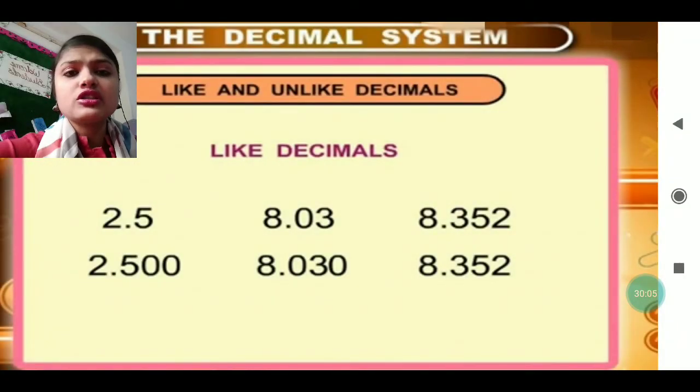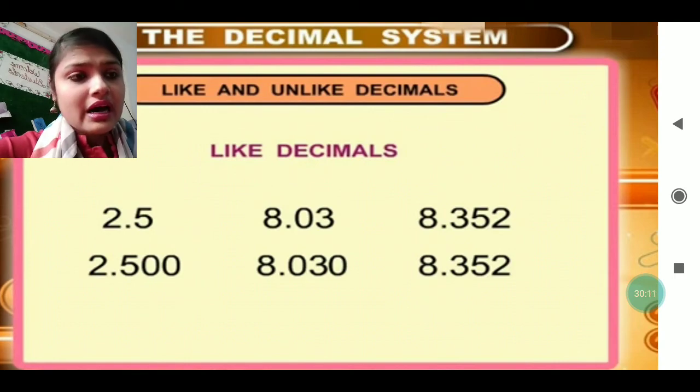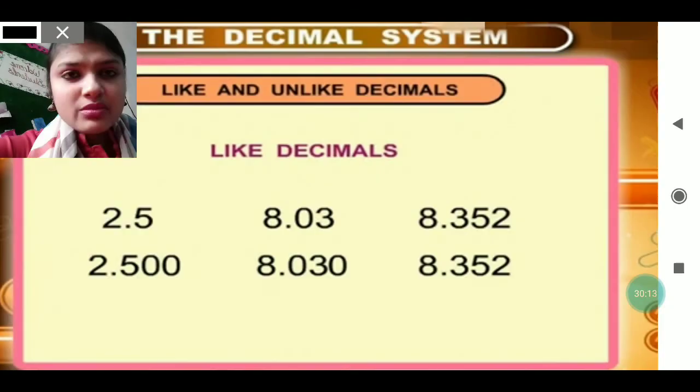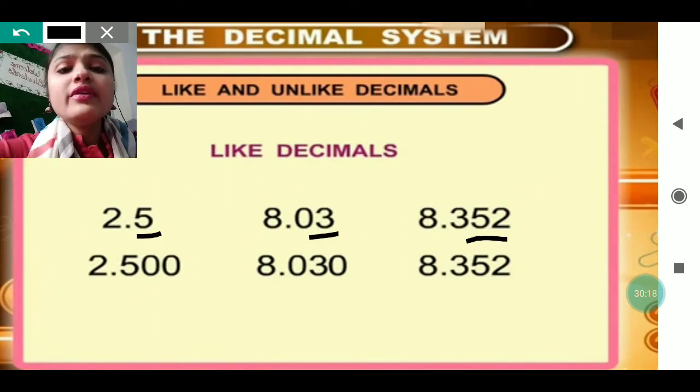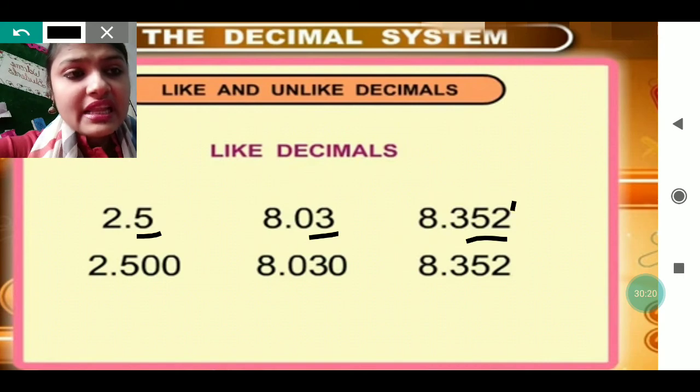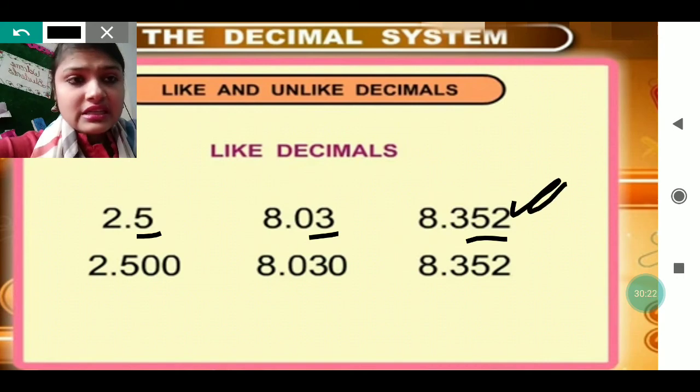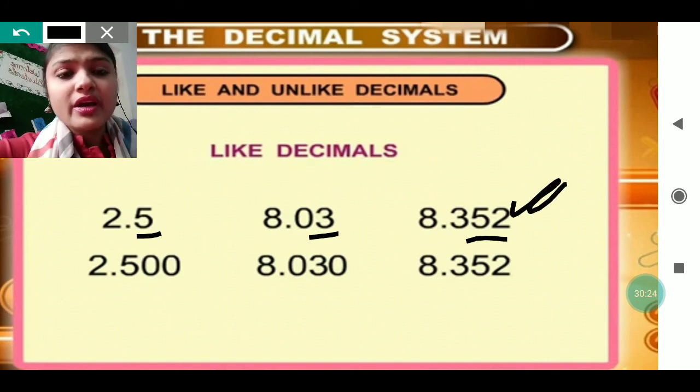Similarly, in this, 2.5, 6.03, 8.350 are all unequally written. The number of places here is one, here two, here three. How will you make them all equal? Which is the largest one here? The largest has three digits. So you have to make all of them like decimals by putting zeros after the number written at the decimal place.